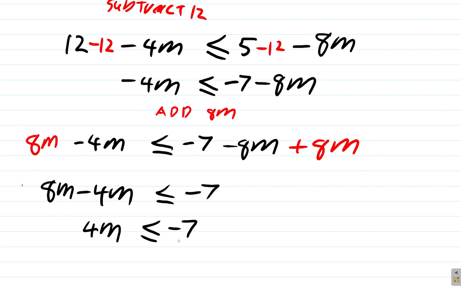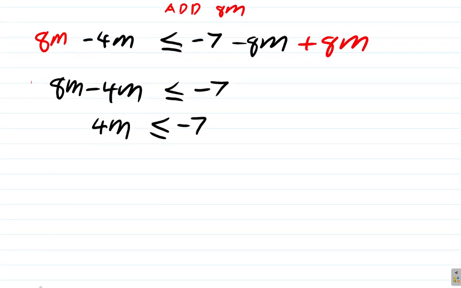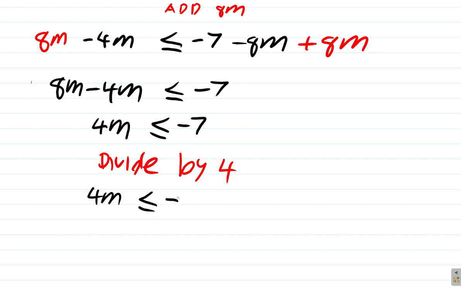Alright. So the next thing we do is divide by 4 because we want m alone. So when you do that, we have 4m is less than or equal to negative 7.